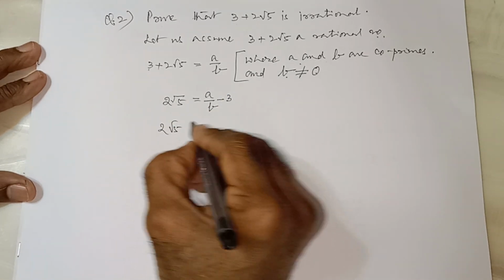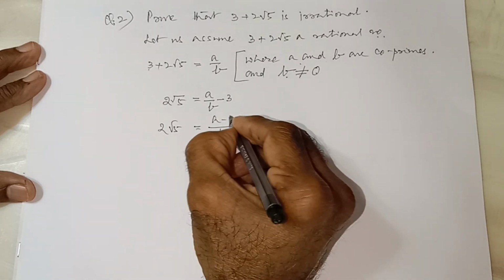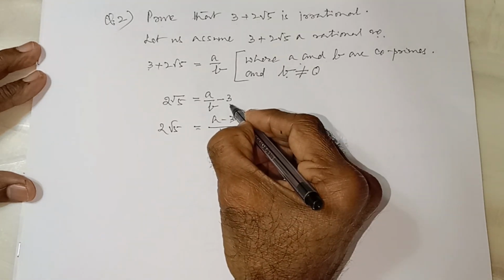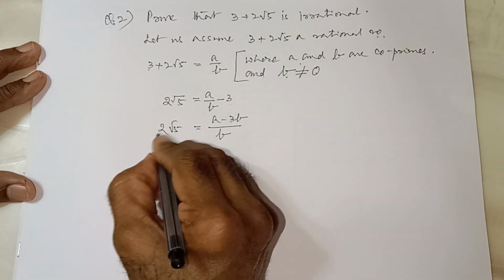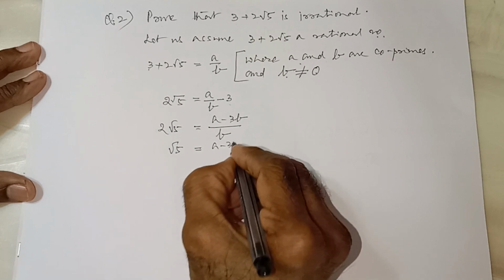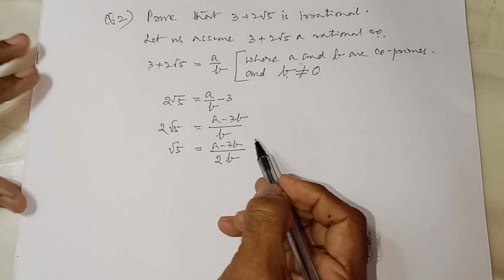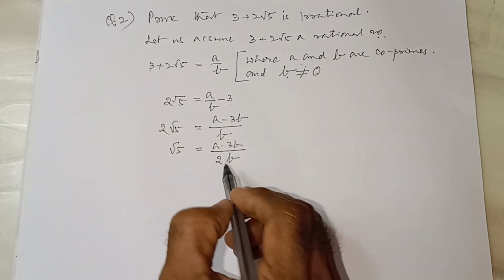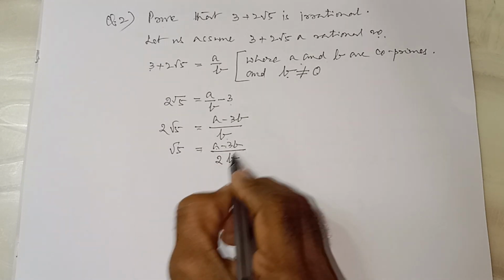So 2 root 5 is equal to, let us take b as LCM, a minus 3b, 1 b times and b into 3 is 3b. Transfer 2 to RHS here, root 5 remains there, and a minus 3b divided by 2b. When this comes this side, RHS side, 2 takes the denominator place. Therefore, root 5 is equal to a minus 3b by 2b.